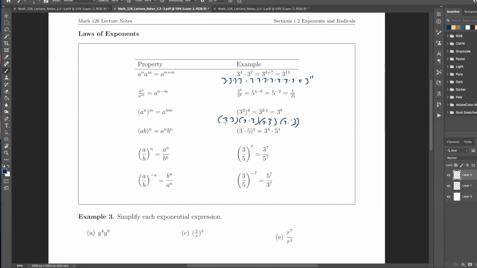So the reason we multiply them is I have 4 sets of 2. So add them all up. You can distribute in. This is a very useful property. You can do that for this. You can do it in parentheses. And if you do a negative, you just flip them upside down. So here, if I have 3 over 5 to the negative 7th power, I can flip it to this.